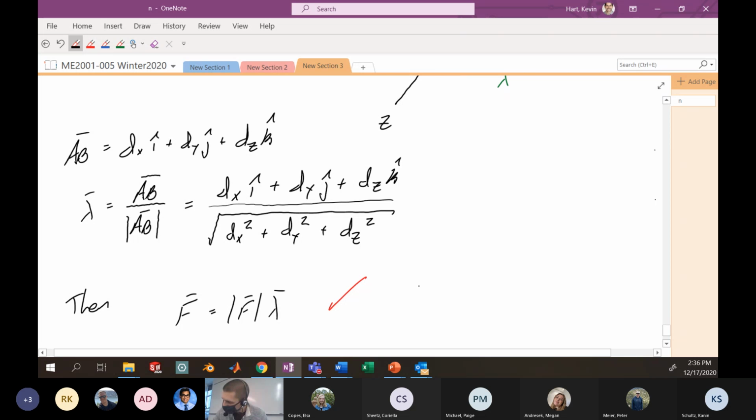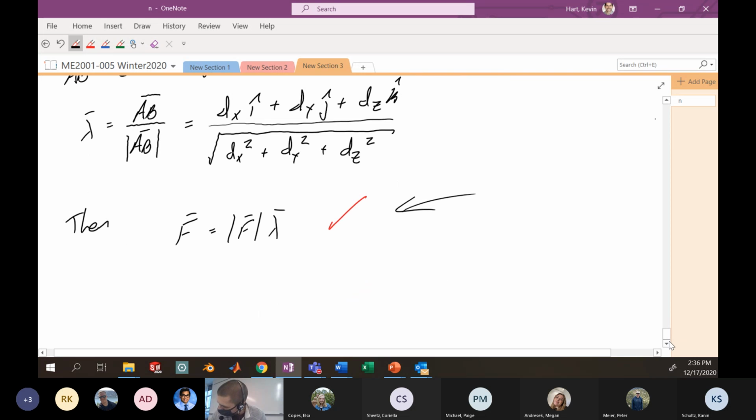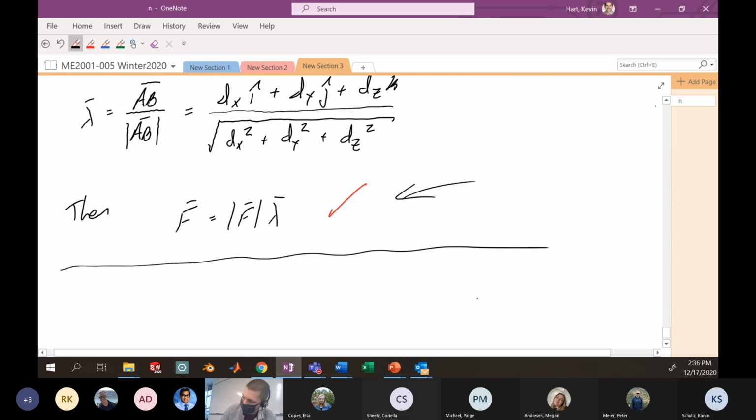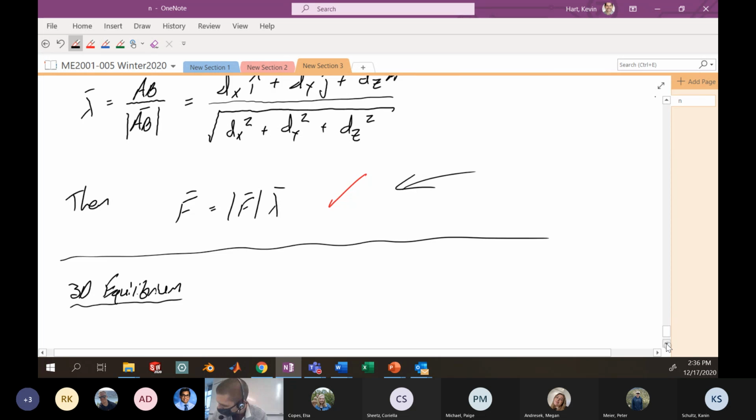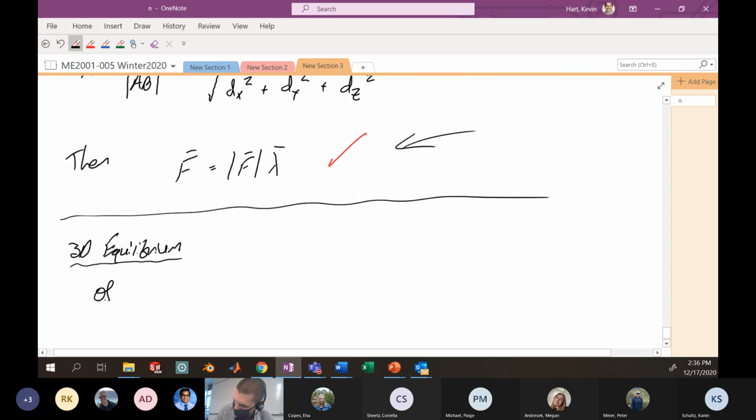So we have tools to get to this point, and now, to cap off the course, we utilize this tool for 3D equilibrium, specifically of a particle. It's basically the same as 2D.